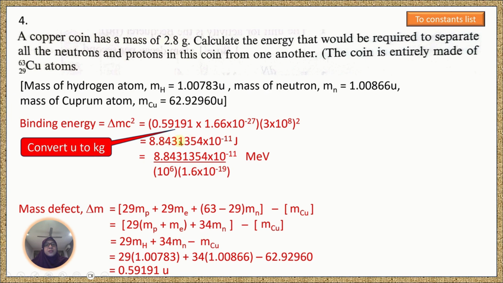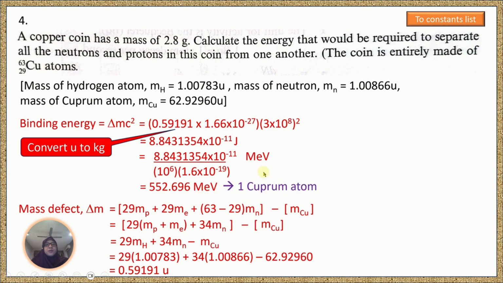We continue from the top one, divided by 10 to the power of 6, because we are going to use mega, and then divided by 1.6 times 10 to the power of negative 19, because we want to convert this joule into electron volt unit. So the answer is 552.696 mega electron volt. Okay, so that's the answer.